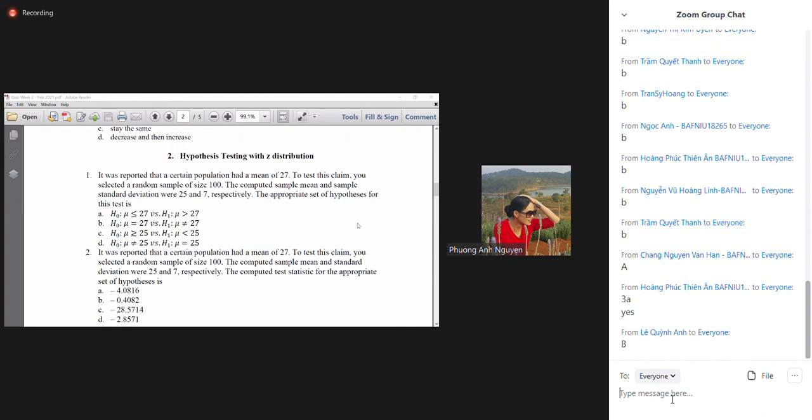So you told me B, right? Let's check. It was reported that the population had a mean of 27. So we want to test this claim. They say clearly that this one is H0 and you want to test it. So H0 here says that mu is 27.